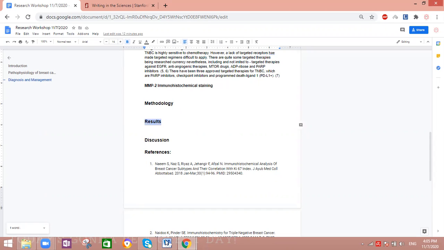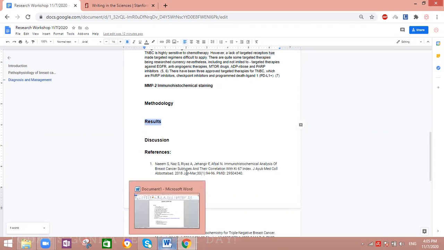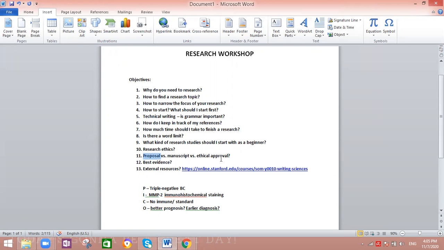Then it gets approved by the IRB in your institution. Especially if you have human subjects or animal studies, you have to get an ethical approval, and it may take sometimes weeks, it may take months. So be prepared in advance to submit your proposal for it, and then you go with your study.